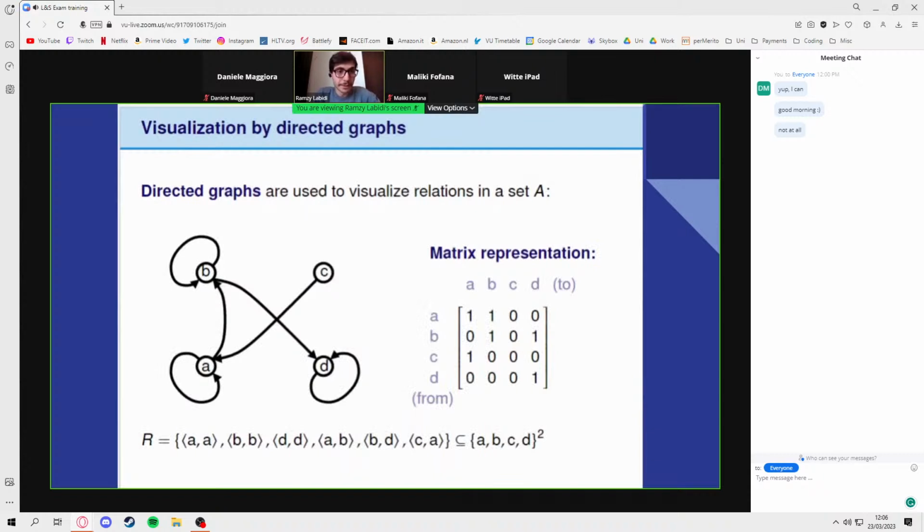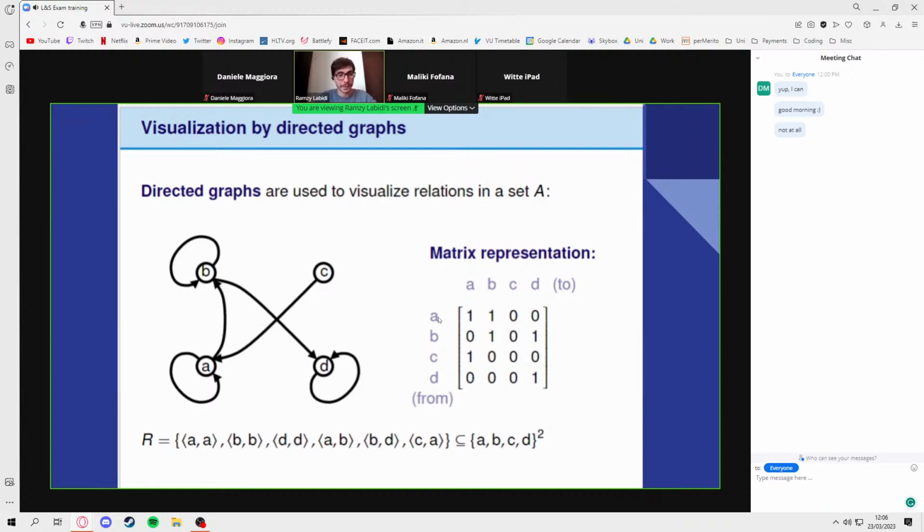Then we have to take a look at directed graphs. These are pretty simple. Basically, they're like vectors between nodes. As you can see with the matrix representation, when you look at the relationship R or the graph R, you see all the nodes in the set. The matrix representation over here represents which nodes connect to which one.